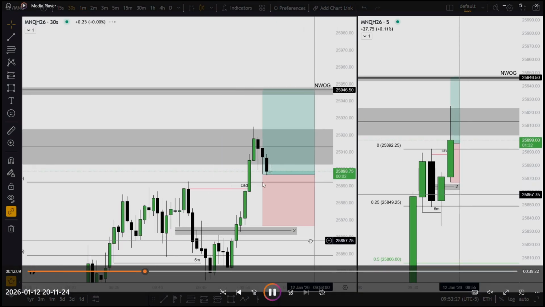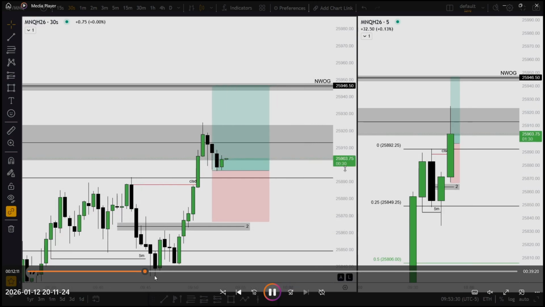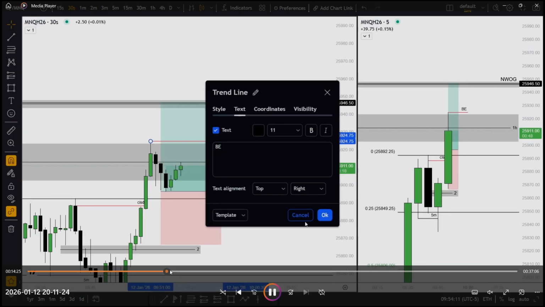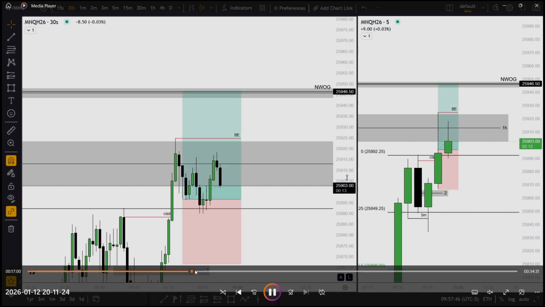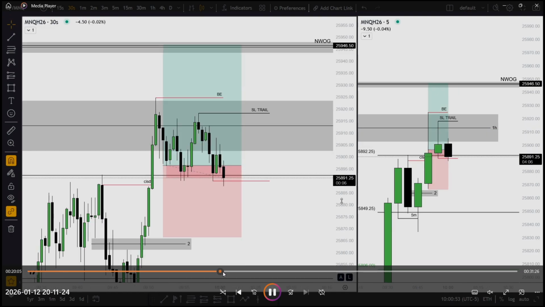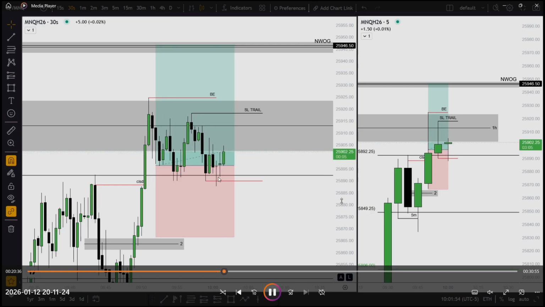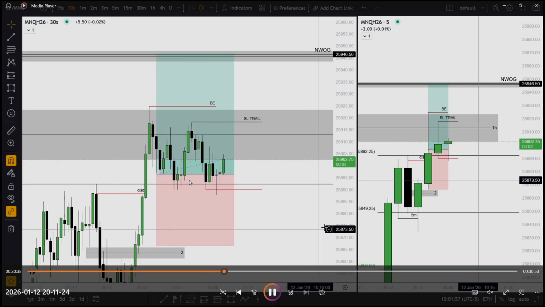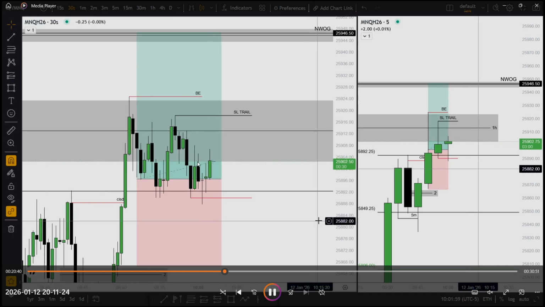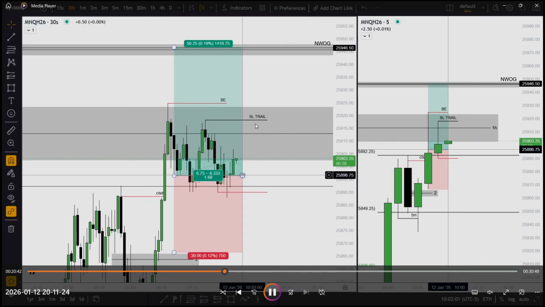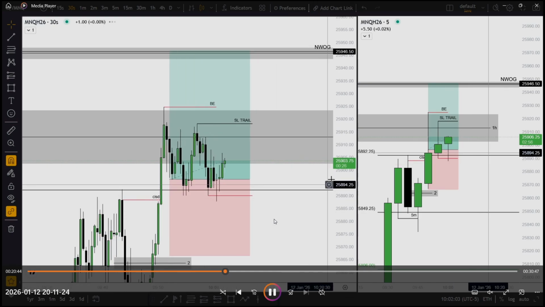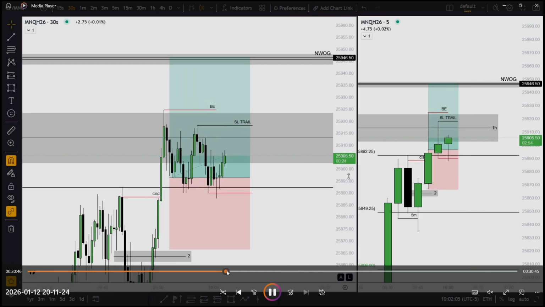As the market came here, I took my entry and just waited. The market came 1 point away from hitting my stop loss. After this equal low got swept, I was pretty confident the market would just rally from here.